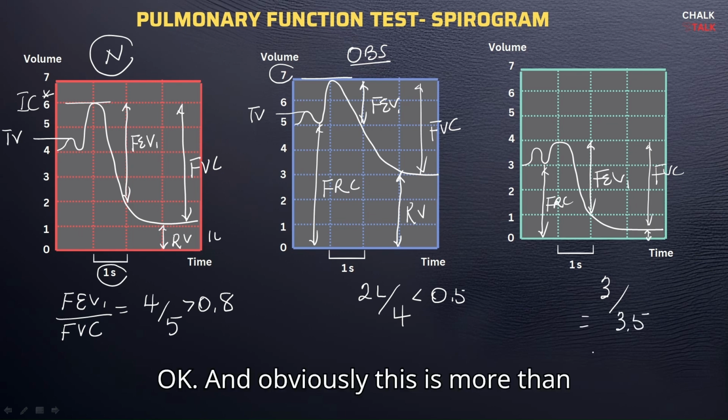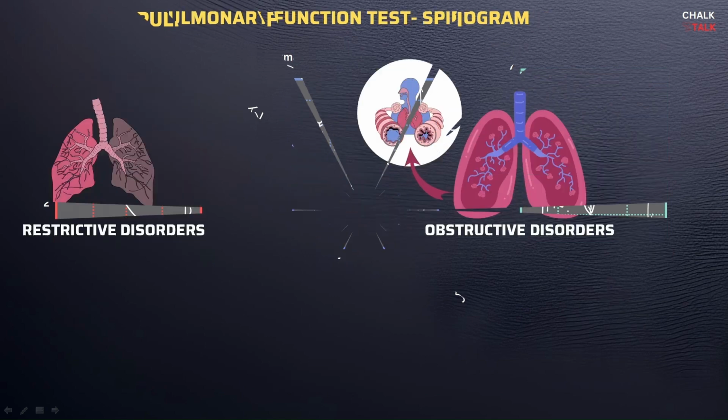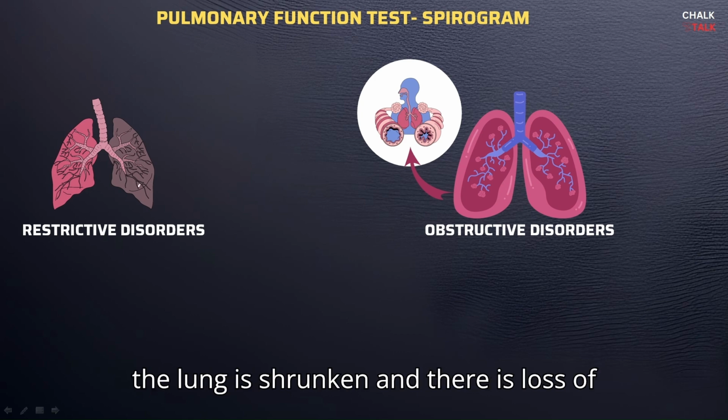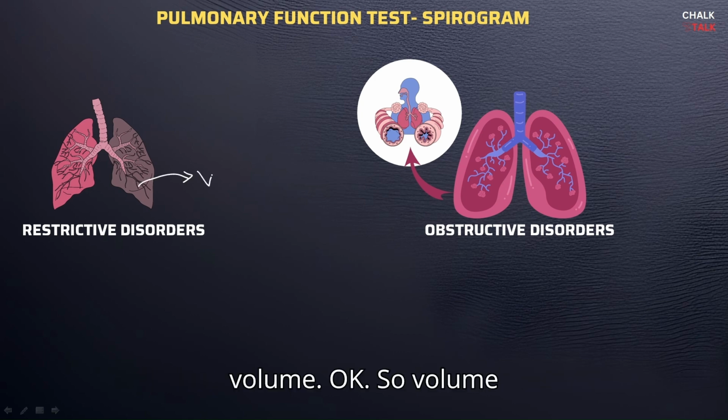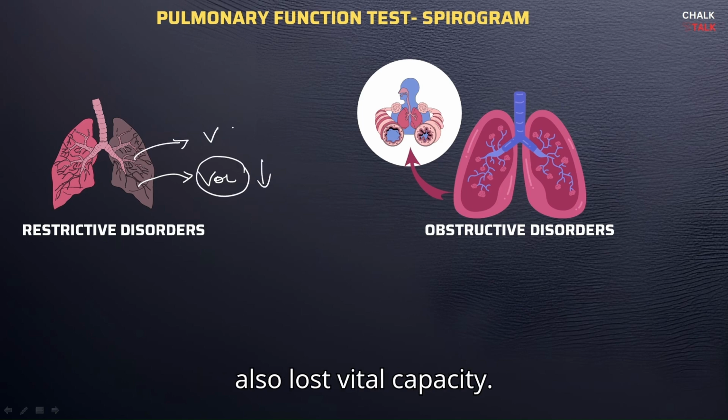Okay, and obviously this is more than 0.7, and so this looks like a restrictive pattern spirogram. All right, so think of any restrictive disorder like pulmonary fibrosis where the lung is shrunken and there is loss of volume. Okay, so volume loss means that the lung has also lost vital capacity.